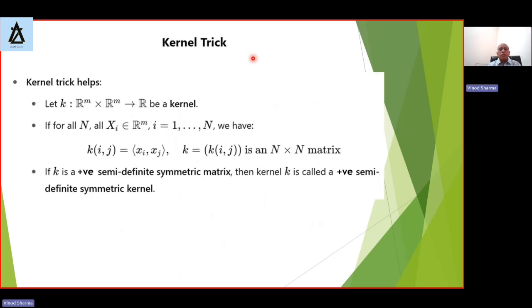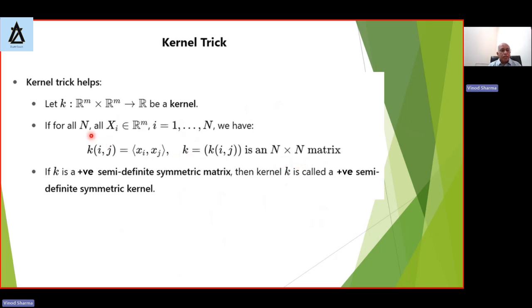Now, back to the kernel methods by which we will try to do this. A kernel K is a mapping from Rm cross Rm to R, any mapping. For any positive integer n and any x1 to xn, n samples in Rm, we define kij equal to K(xi, xj), and this way we define this matrix K with ijth element kij, and we obtain an n cross n matrix.